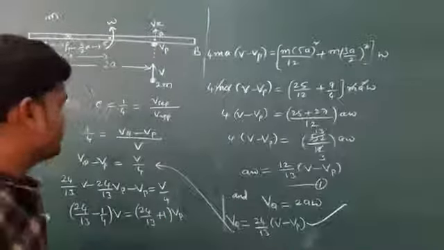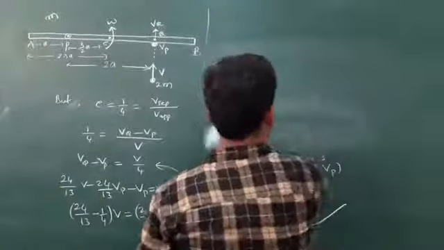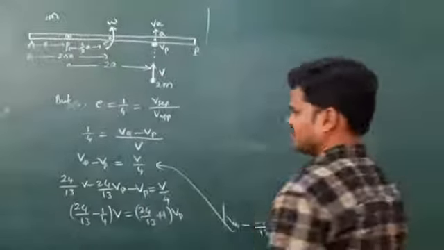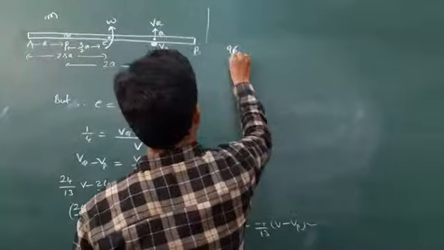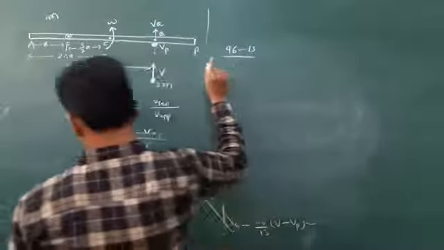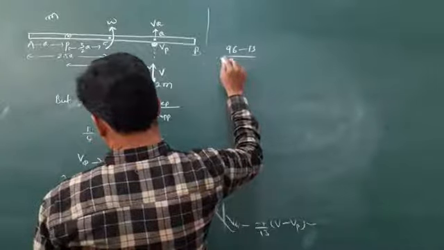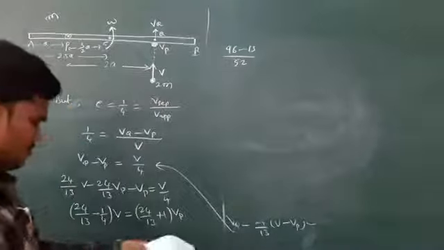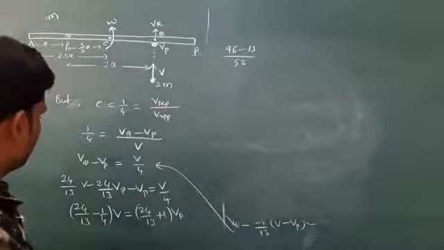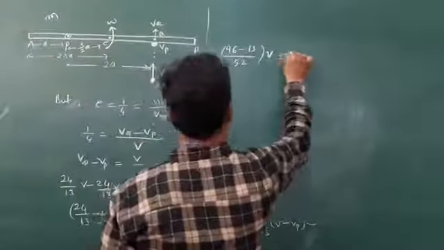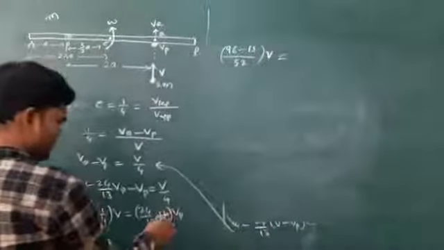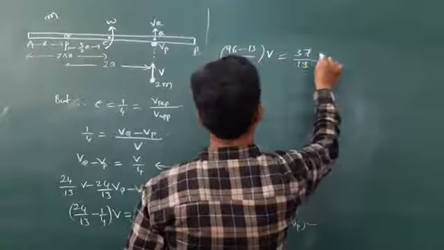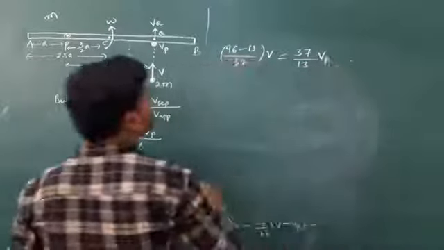Verify some calculations. So here 24 times 4 is 96, minus 13, so this is 83 by 52, into V. Verify these calculations, and this is 24 plus 13, 37 by 13 Vp.